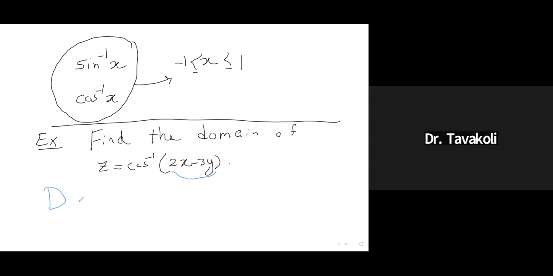The domain is all the xy's such that 2x minus 3y is more than or equal to -1 and less than or equal to 1. This is just based on that reminder from pre-calculus.